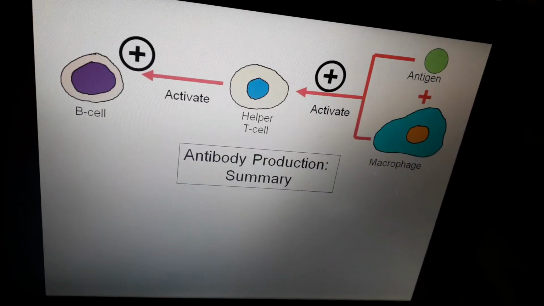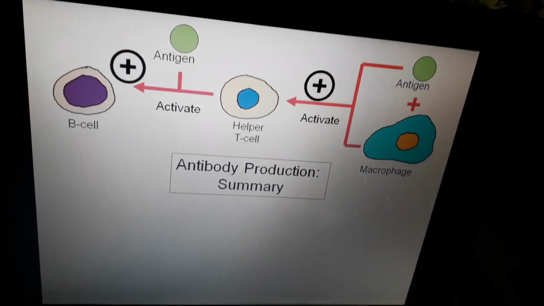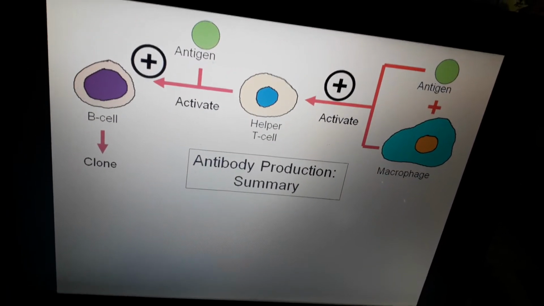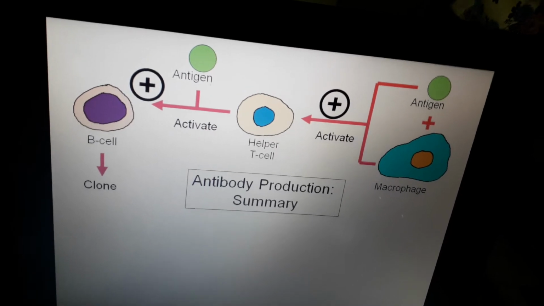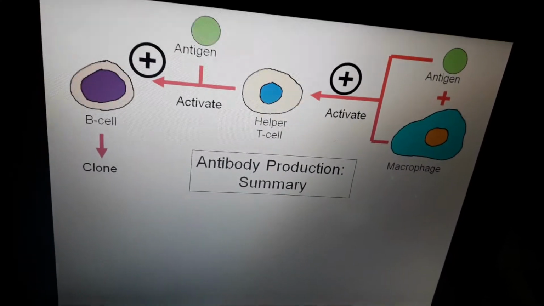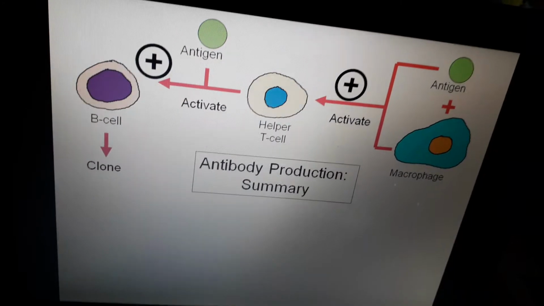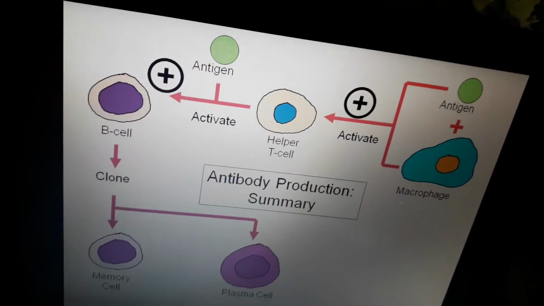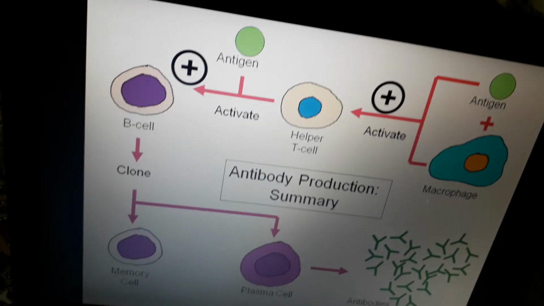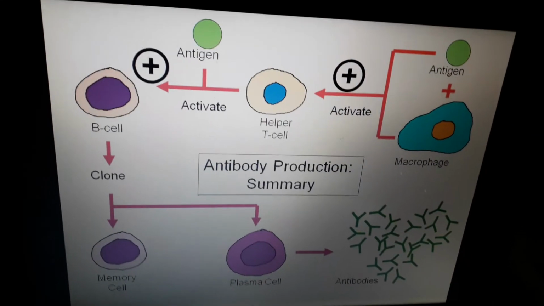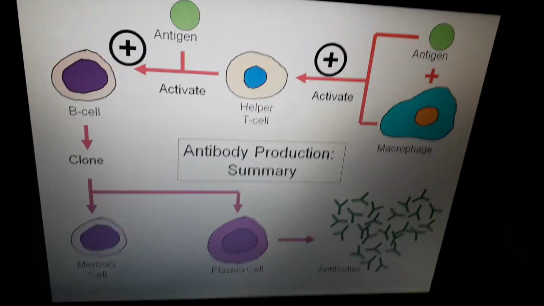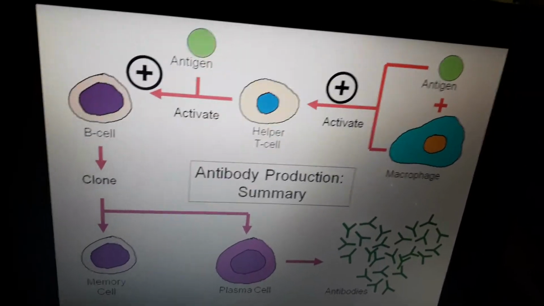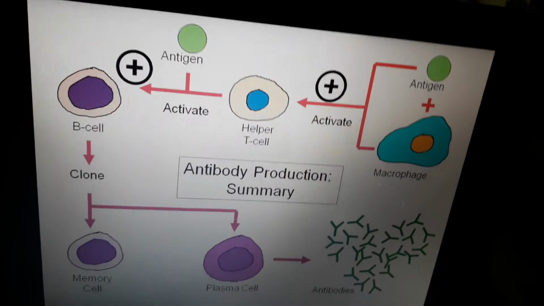Now due to the presence of this antigen on its cell surface, the B cell gets activated, and when it is activated, it starts dividing and produces a number of similar cells known as clones of plasma cells. Now these plasma cells give rise to the production of antibodies. At the same time, the cells which stop dividing and stop producing antibodies are converted into special cells known as memory cells.